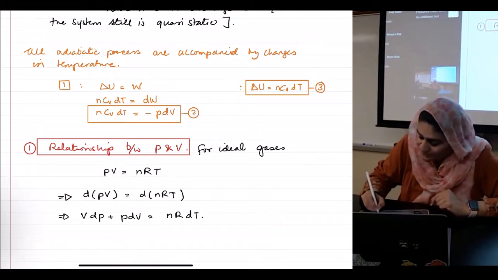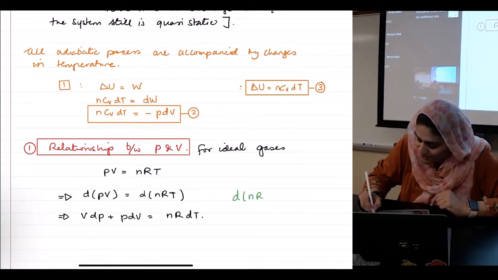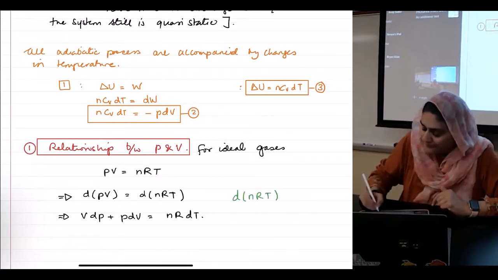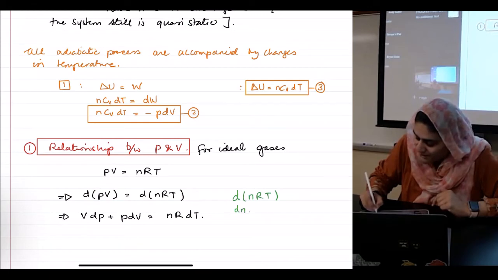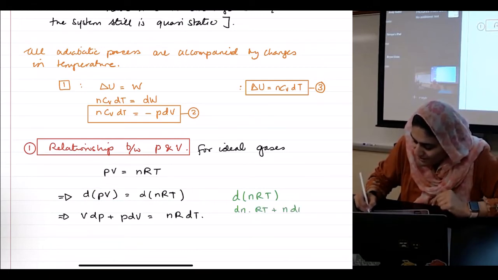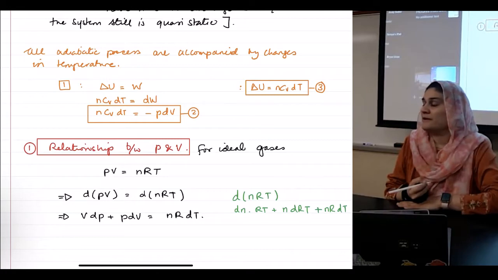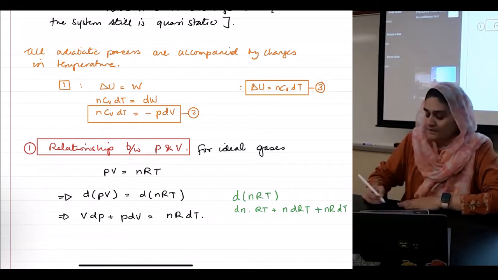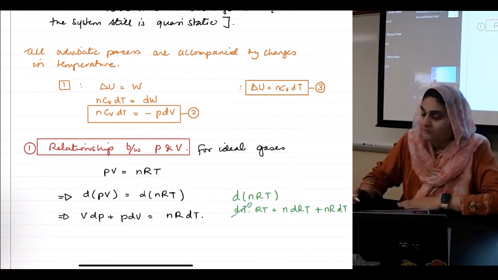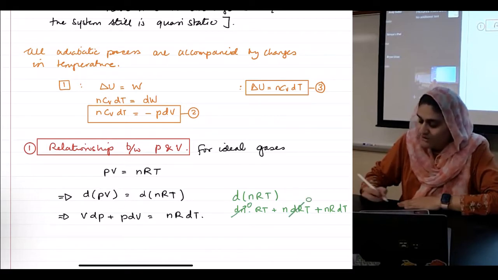Here, I'm going to do this for you. So d of nRT, yes? If I solve this, will it be dnRT plus ndRT plus nRdT? What's the differential of a constant? Will this term go to 0? Will this term also go to 0?